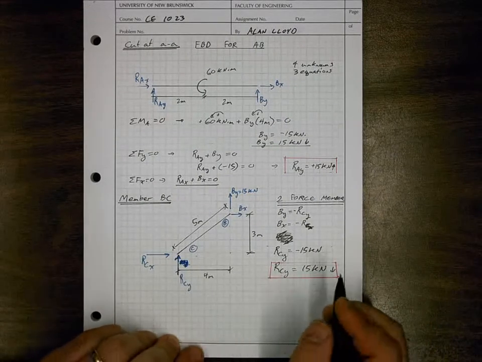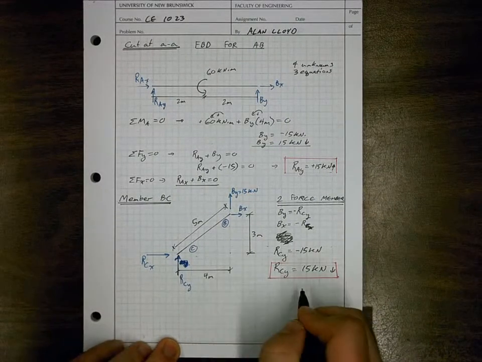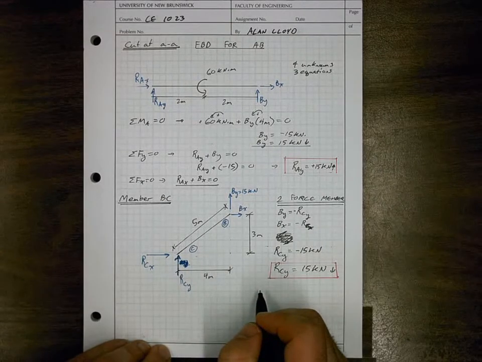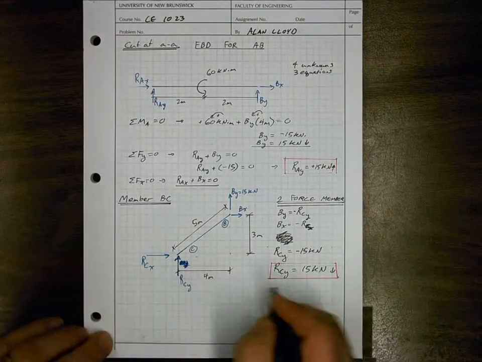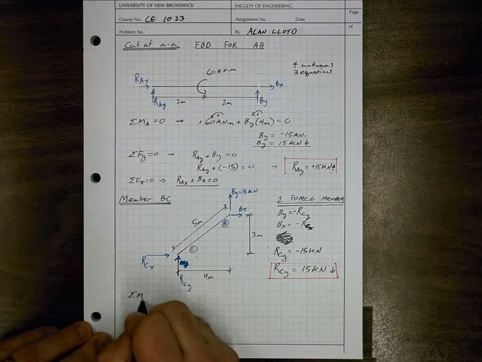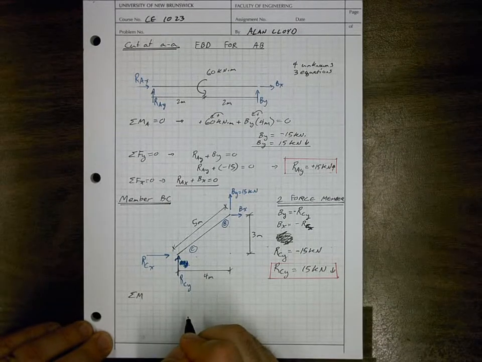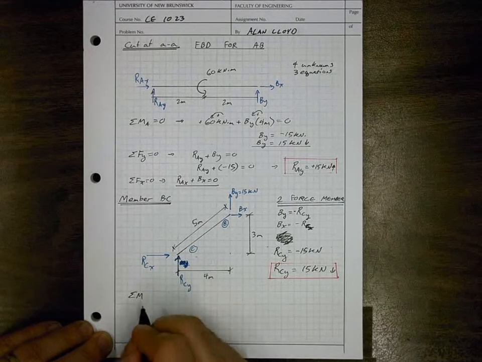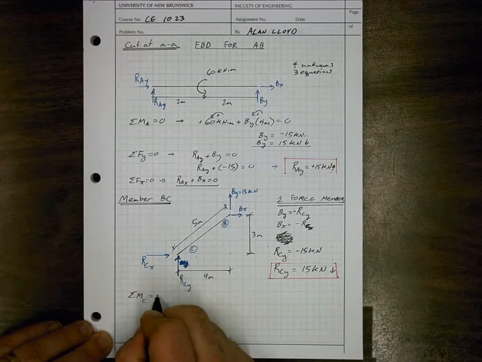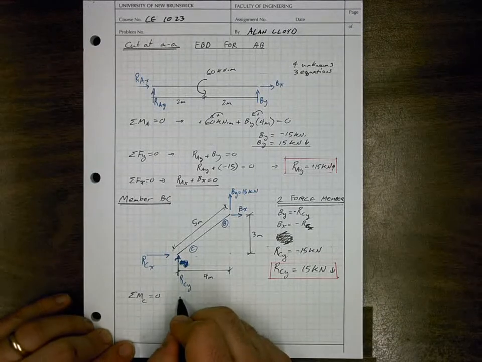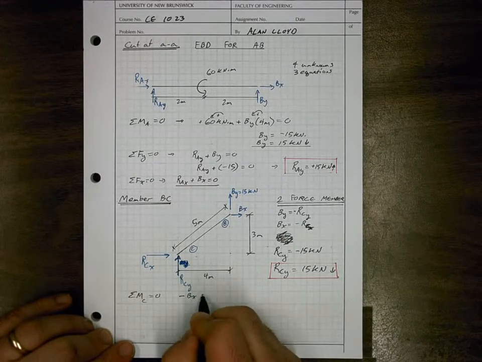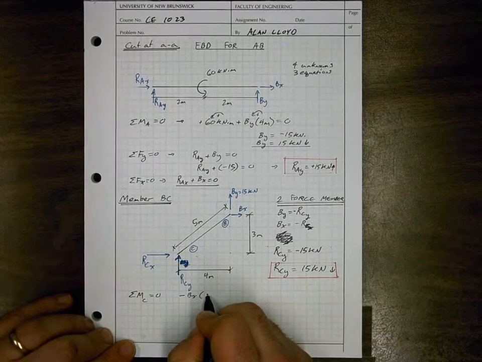Now, we can take the sum of moments about a point to solve for one of our missing values in X. So if we take the sum of moments about location C, in this case, set that equal to 0, we can see that we have minus Bx times 3 meters.